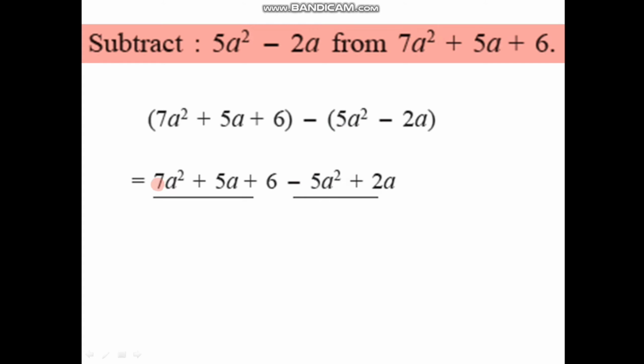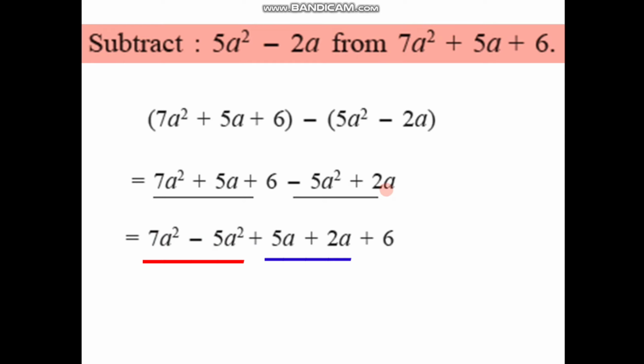And now we have to find the similar terms. As you can see, 7a square and 5a square are the similar terms. So we'll write them together, that is 7a square minus 5a square. 5a and 2a are like terms again, so we should have them together, 5a plus 2a, plus 6, which is the only constant term over here.